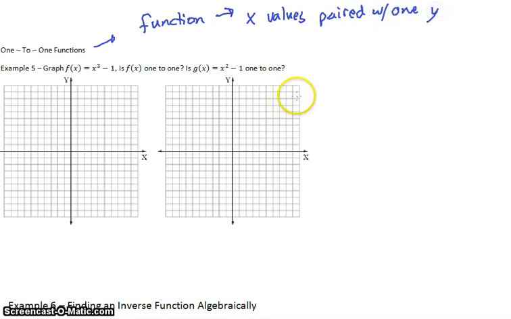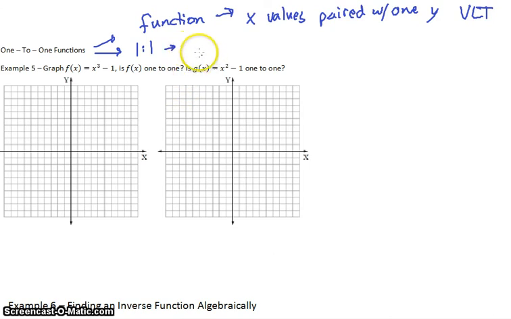Okay? So we use the vertical line test to test that. If something is one-to-one, that's a new type of function, and there's a purpose for talking about that type of function. And the reason is because it's going to allow us to talk about inverses.